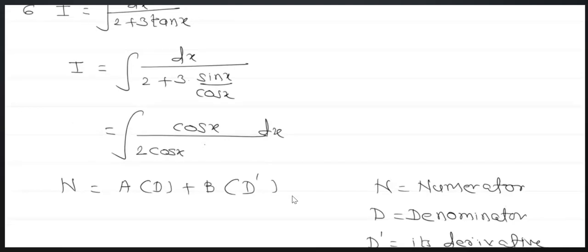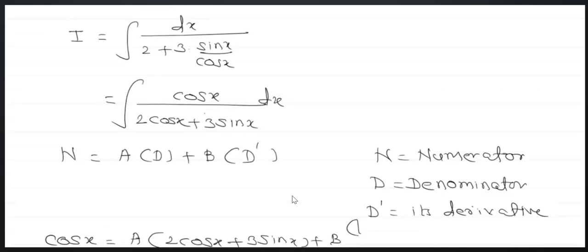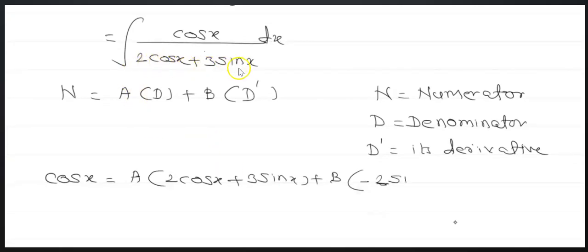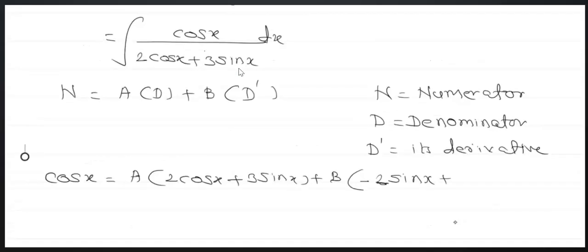The denominator is 2 cos x plus 3 sin x, plus b into derivative of the denominator. What is the derivative of the denominator? That is the derivative of 2 cos x is minus 2 sin x, plus 3 cos x.